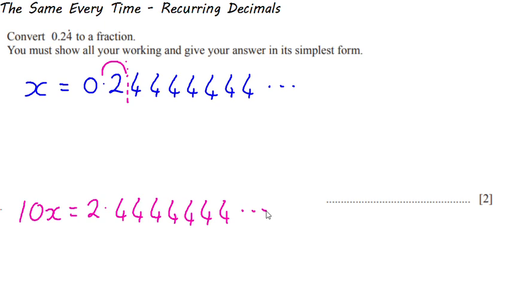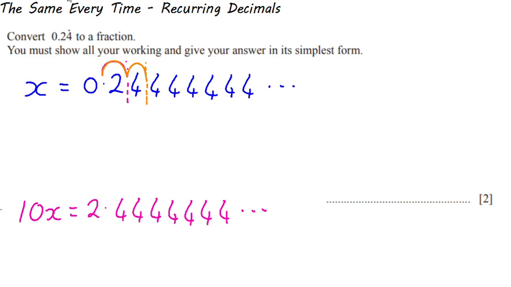Now, we need another version of this decimal number so that the right-hand side, again, is only the repeating part. So where can we go now? If I go to just there, I can see the right-hand side is, again, only the repeating part, only the 4s. So how far do I have to move my decimal point to get there? 1, 2 places.